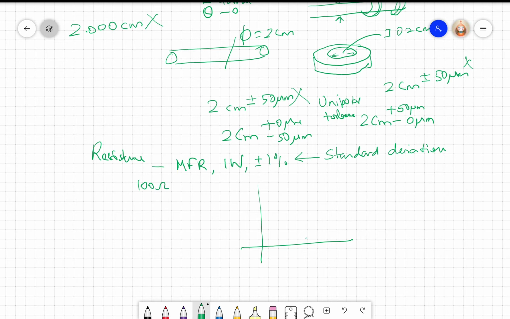So if I mark this as 100 ohms, this is 101, this is 99, this is 98, 97, and if I look at a plus or minus 1%, oh sorry, that's not correct, it has gone to 97.